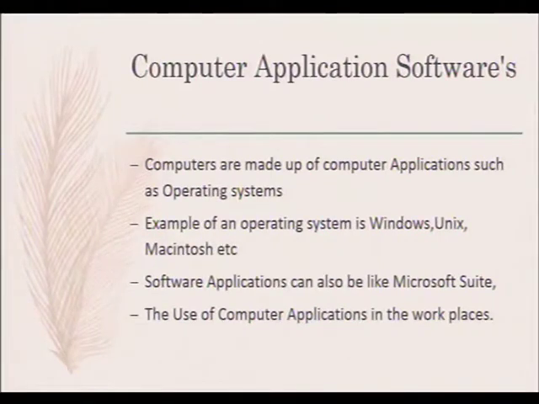Okay. For example, we have different types of operating systems such as Windows, Unix, Macintosh, which are basically Apple products. You can list a lot. And if you look at Windows, we have different versions of each operating system. Like Windows, we have Windows XP, Vista, Windows 10, Windows 7.